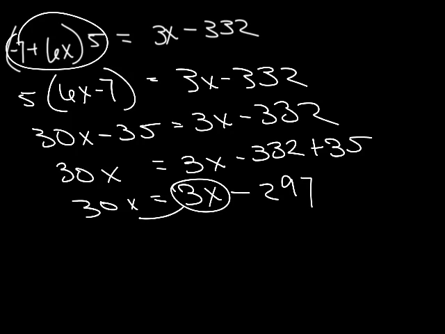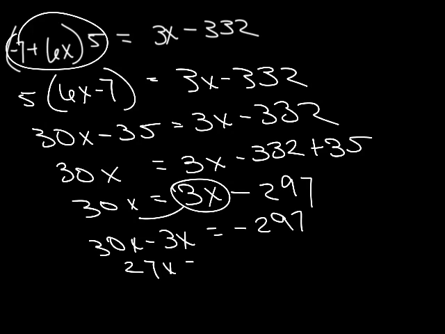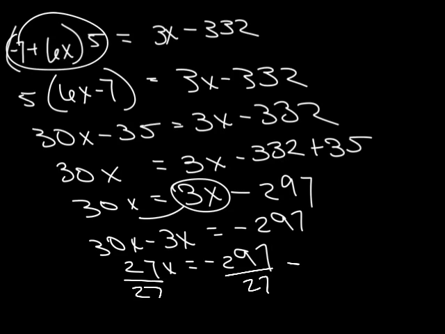Bring this over, so I'm going to subtract it from both sides. So I get 27x equals -297. Go ahead and divide that by 27. So divide by 27, divide by 27, and that gives me negative 11, and I'm done.